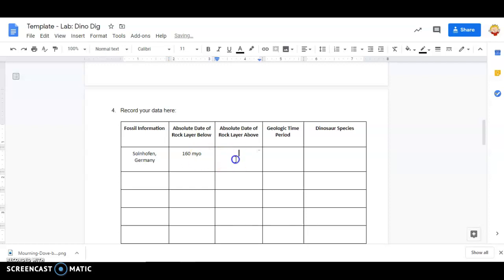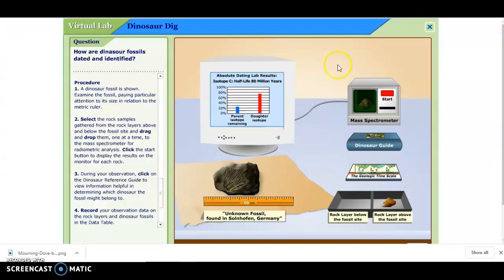Okay, now what about the rock above? All right, so now we take this one out, put in the other rock. This is the one that comes from above. Same thing. And it tells us that, first of all, it's a different isotope. It has a different half-life of 130 million years. And we see that there is 50% of it left. Well, that's half, and that's what a half-life is.